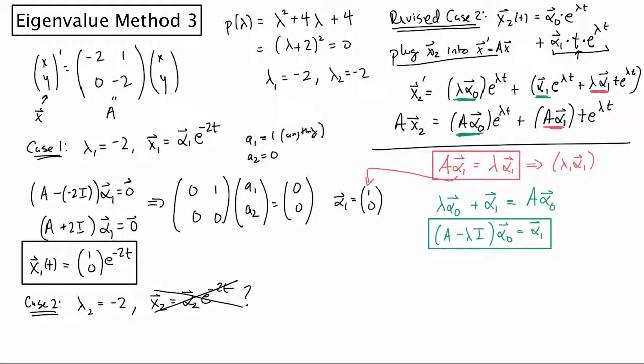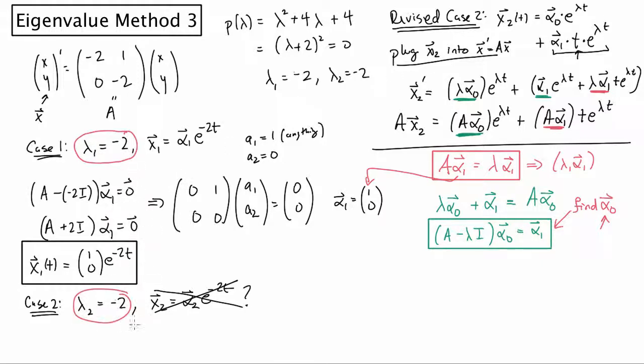So if you run into a situation where you cannot find two linearly independent eigenvectors for a repeated root, like we couldn't here, then the way to find the second one is using this formula. I need to find alpha naught using this. This eigenvalue is referred to as being defective, because I couldn't find a complete set.